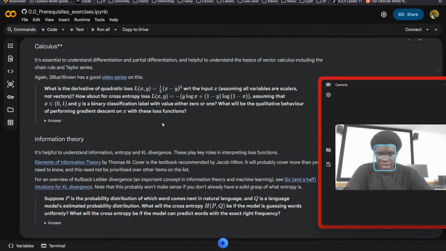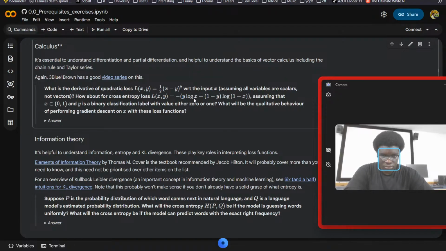What's the qualitative behavior of performing gradient descent on x with these loss functions? So in both cases, you would expect the loss to be minimized, basically. In this case, clearly it's minimized when x equals y. Similarly in this case, it's not as immediately obvious, but you can consider that y takes on value either 0 or 1, and you only need to consider the case y equals 0.